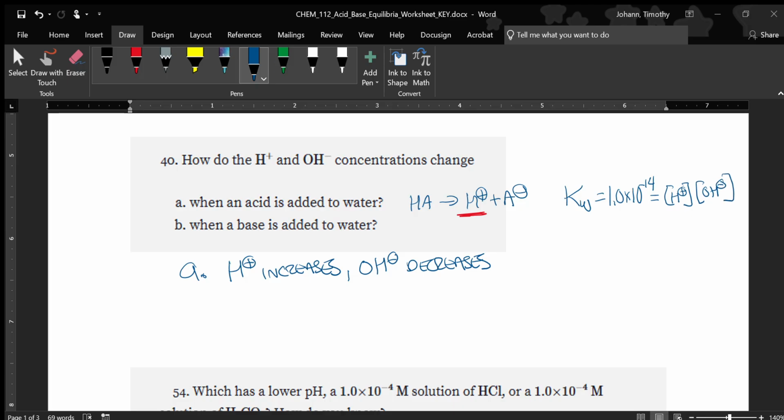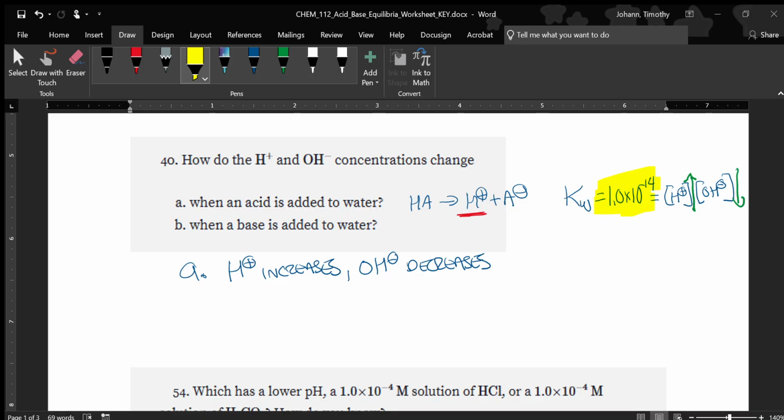So based on this equation, those two multiplied together always have to be equal to 1 times 10 to the negative 14th. And so if this goes up, then that's got to go down for this number to be the same.